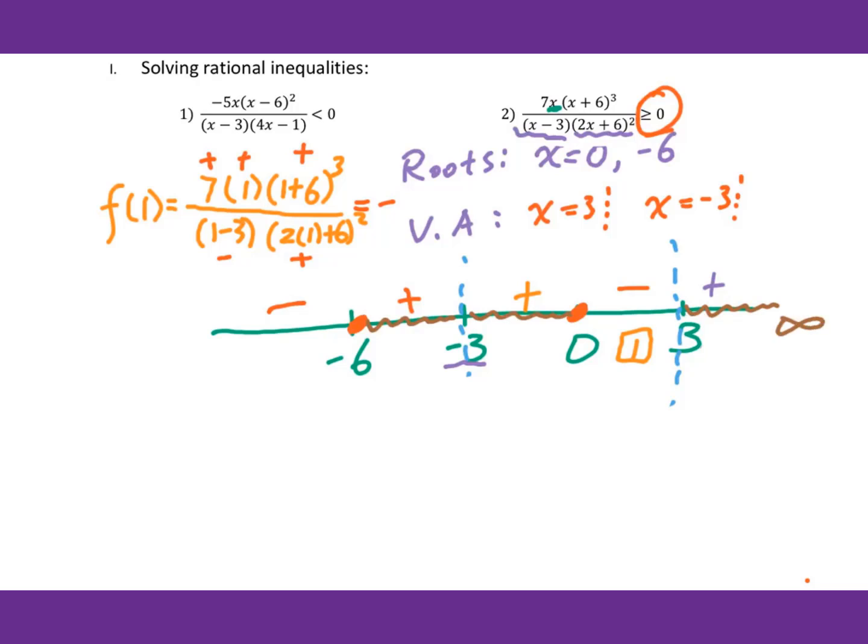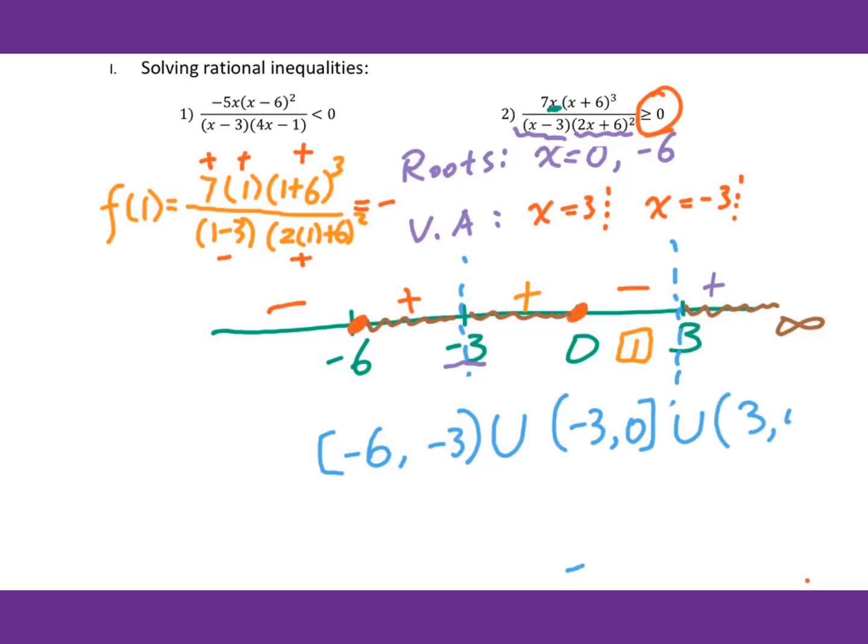So we will write down the solution. That is negative 6 to negative 3. For a vertical asymptote line, it has to be parentheses, not a bracket. Union with negative 3 to 0, union with 3 to infinity.